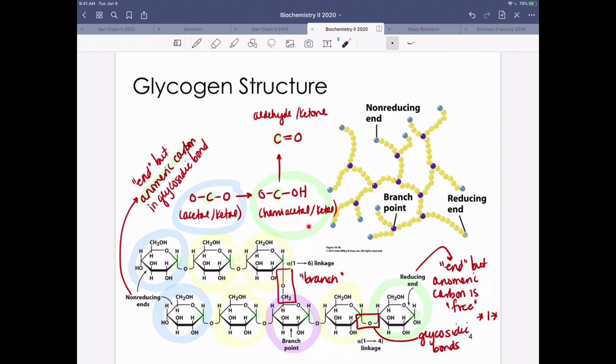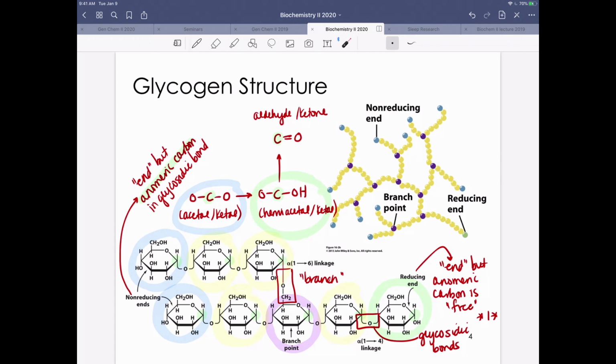Remember, it's still a ring-closed sugar, but this sugar could actually ring open by breaking this anomeric bond right here. If we break this anomeric bond, we would have a free aldehyde or ketone. Remember, aldehydes and ketones are fairly reactive functional groups, so that's why nature cyclizes those sugars to protect that functional group.